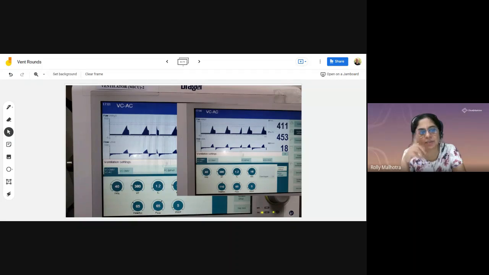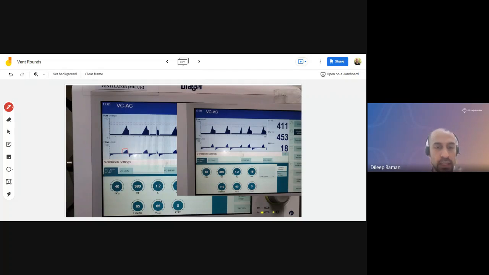Isn't it a volume control in which the pressure is actually changing when we are changing the flow ACC? So pressure is a variable thing here in the two screens. No. So let me define that a little bit more sharply. If this is volume control, like it is showing on the screen, you will only see a fixed flat volume. If you're not seeing that, then there is a dependent variable.